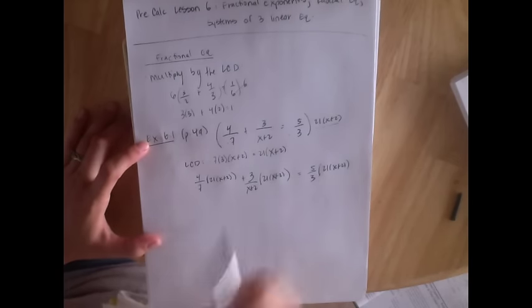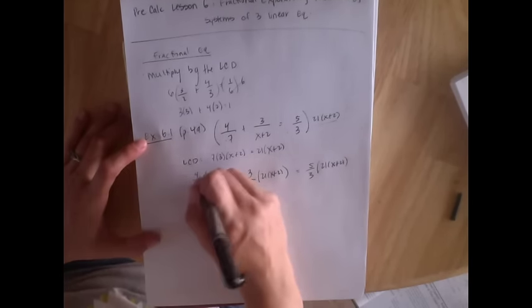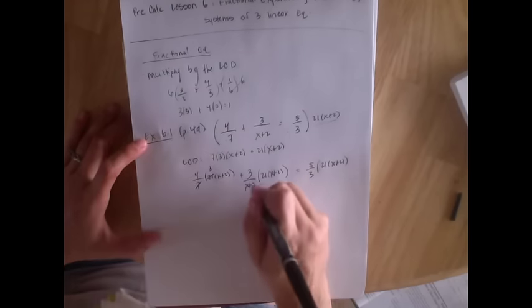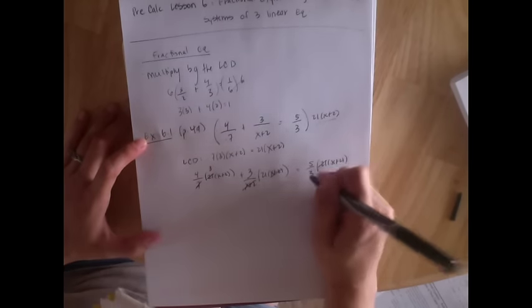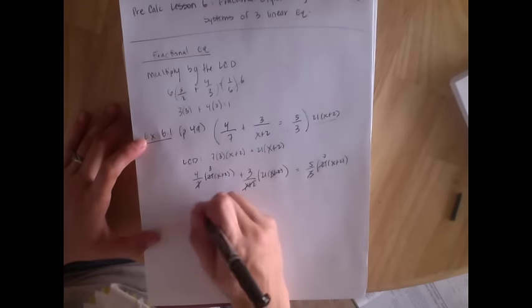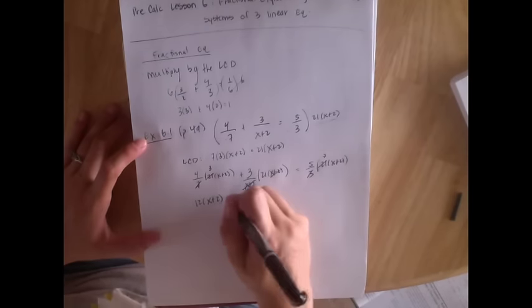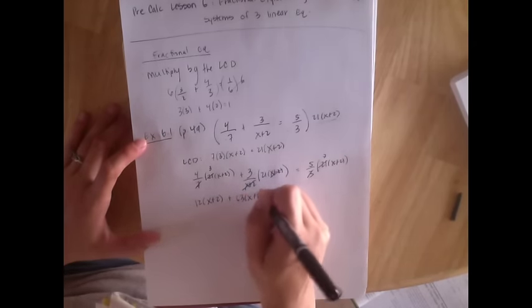Now the reason I didn't multiply out the 21 times x plus 2 is because here the 21 and the 7 cancel, leaving me with 3. In this term, the x plus 2's cancel. And in this term, the 21 and the 3 cancel, leaving me with a 7. So now I have 4 times 3, giving me 12 times x plus 2, plus my 3 times 21, giving me 63 times x plus 2.